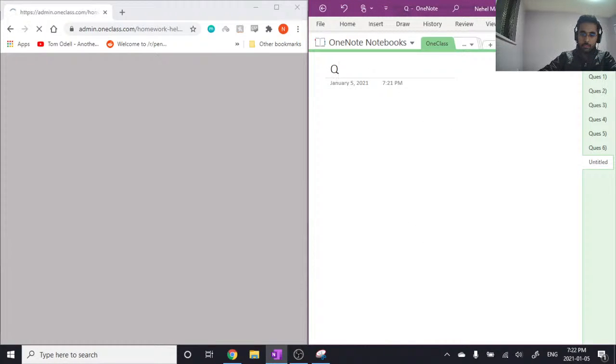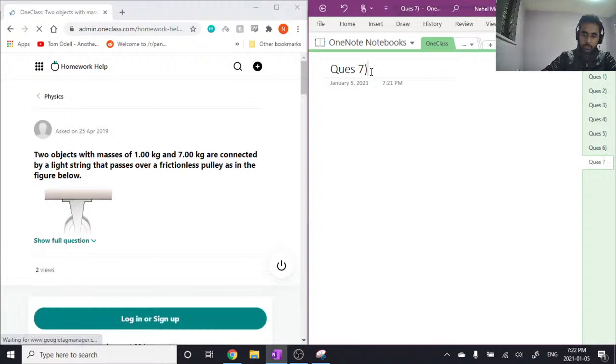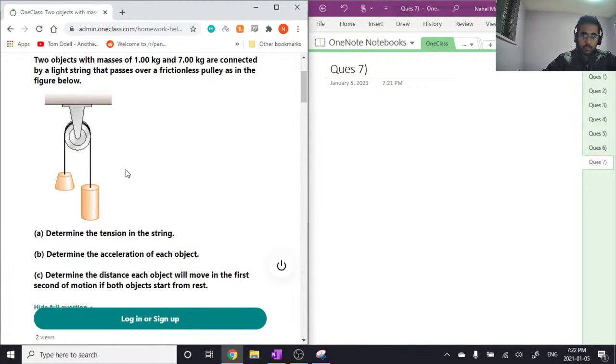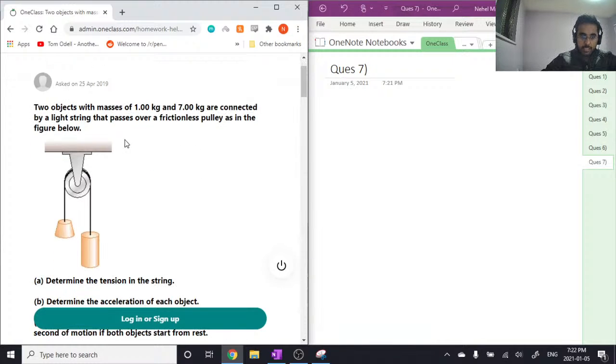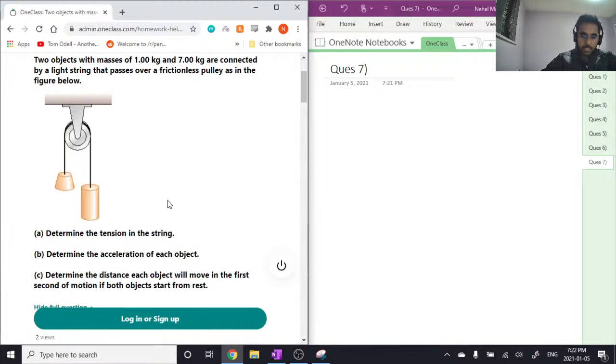Okay, let's jump to question number 7. So we have two objects with mass 1 kg and 7 kg, which are connected by a light string that passes over a frictionless pulley. To find the tension, acceleration, and distance each object will move in the first second of motion.